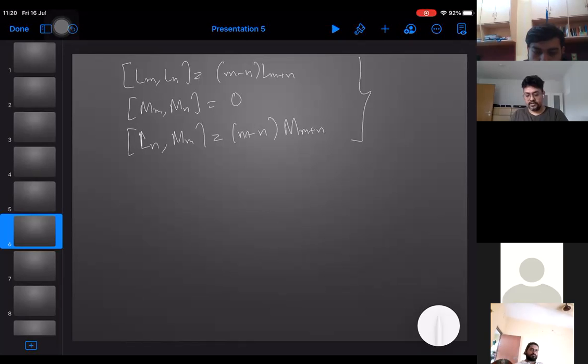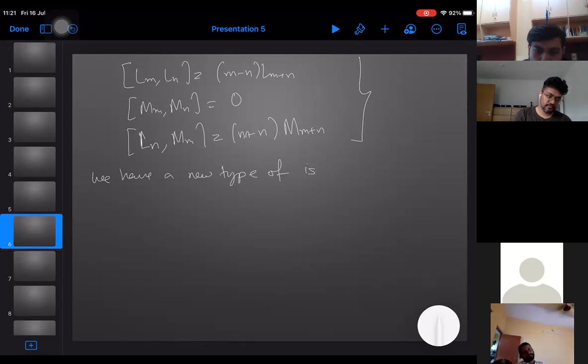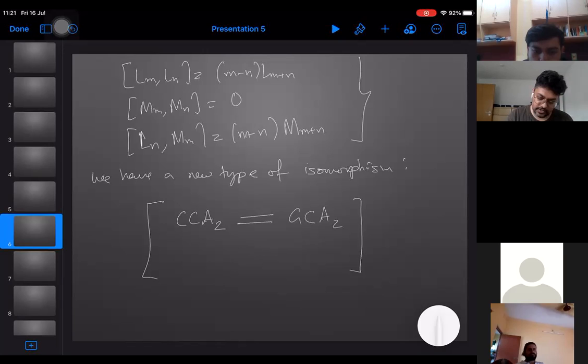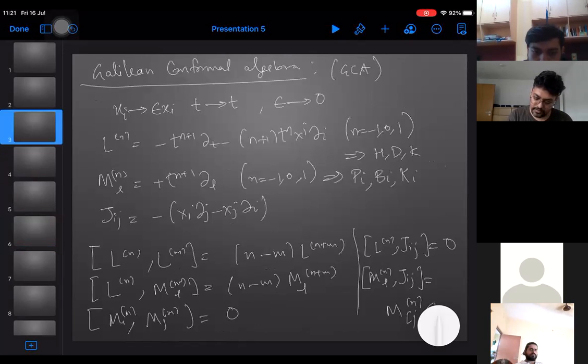So what we have seen now is a new type of isomorphism, which is given by CCA2, which is equivalent to GCA2, which I have mentioned before.